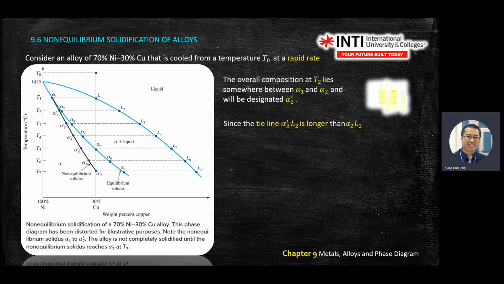We measure alpha prime 2 to L2 a bit longer, from here to here, only a bit. You see a difference? If you measure alpha prime 2 to L2 and here, alpha 2 to L2, you have a small difference, but alpha prime 2 will be longer than the normal one, the equilibrium one. Okay?